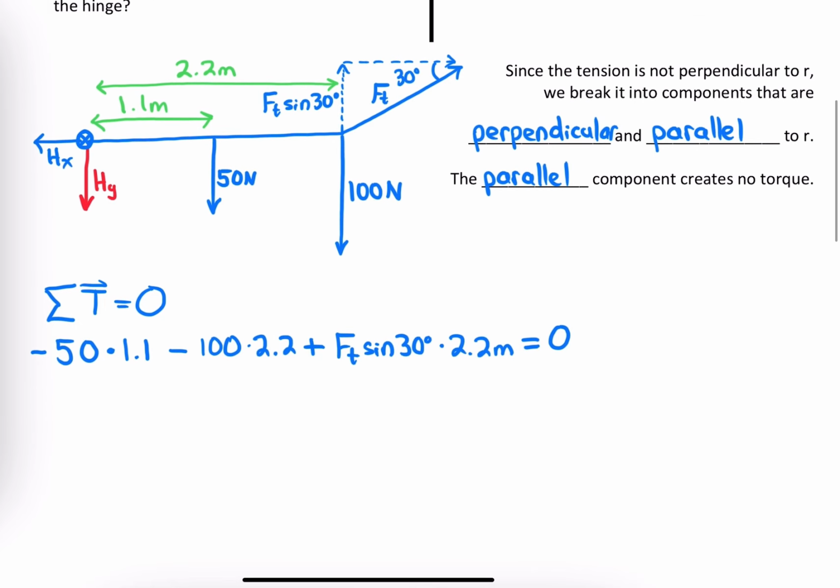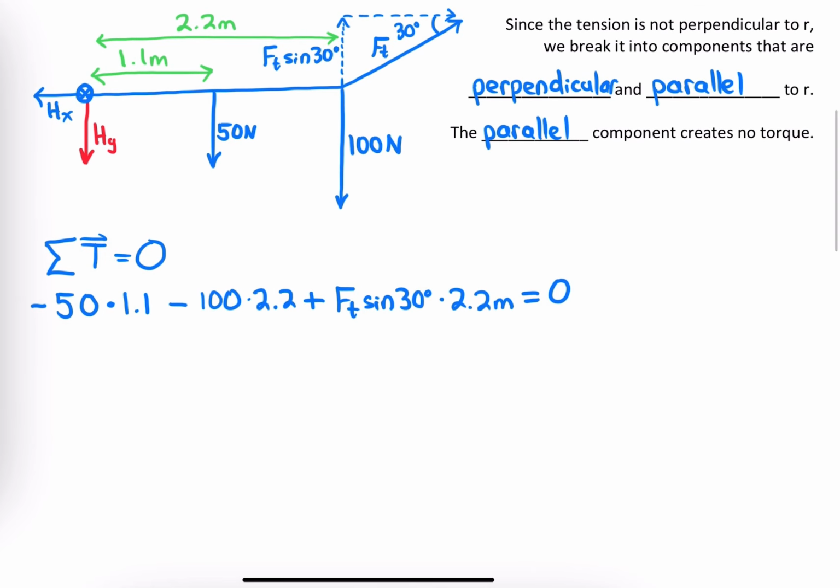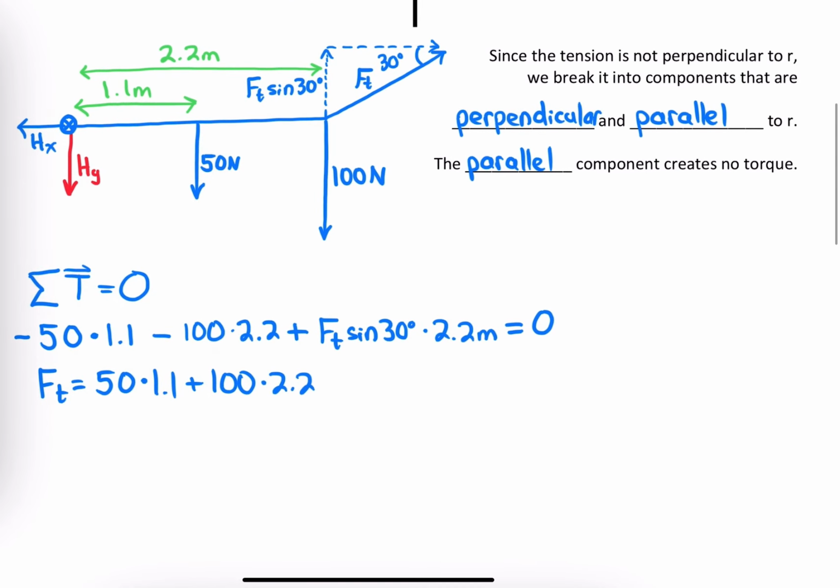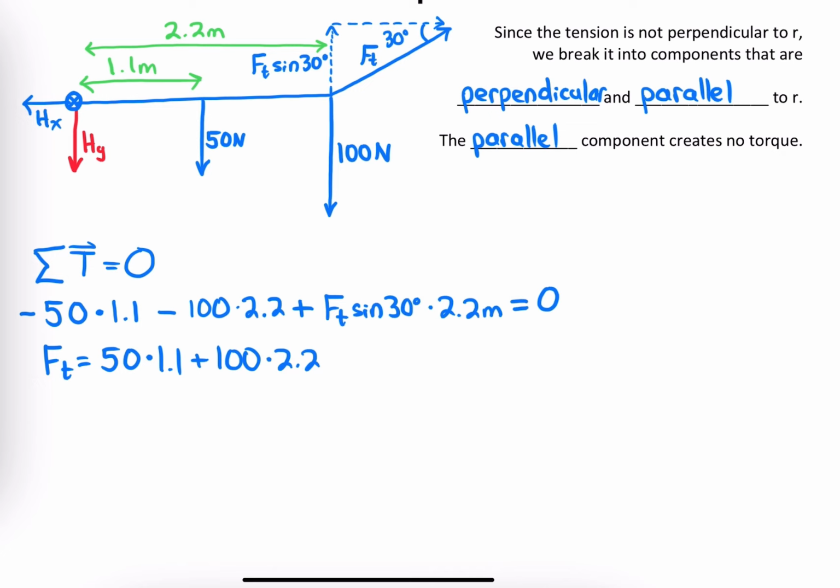So let's go through and see if we can solve this. Ft is the only thing in this equation I don't know, so I should be able to isolate Ft and get Ft equals 50 times 1.1 plus 100 times 2.2, divided by 2.2 times sine 30.